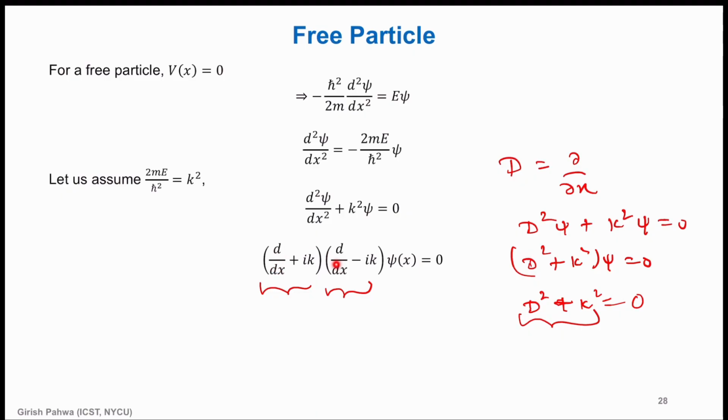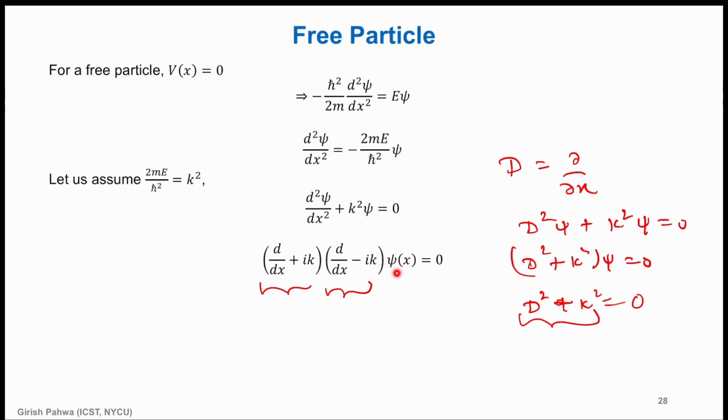So multiplying this, a plus b times a minus b gives a squared minus b squared. But iota squared is minus 1, so that makes it plus, and you get the same thing, right? So independently, this into this must be equal to 0 basically.